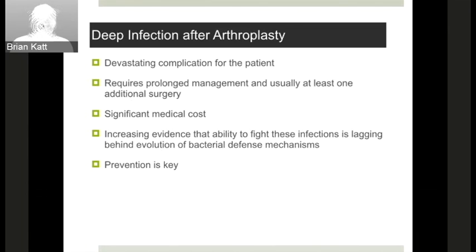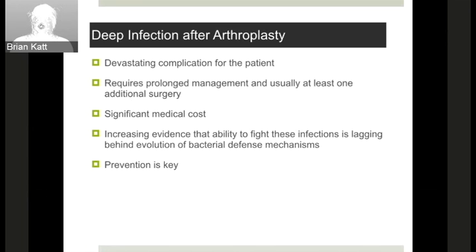Now, unfortunately, I'm sure you guys have all felt this in some capacity. Anytime you get a deep infection after arthroplasty, it's a huge deal, right? Big deal for the patient, from a mental standpoint and a physical standpoint. All these patients come in because they have pain in their joints, so they're looking for some improvement. So they get these joints put in, and they're feeling well, and then they get infected, and it's a big psychological depressive event for them.